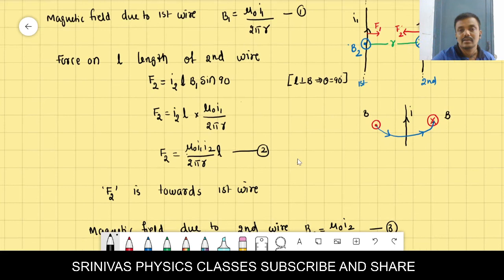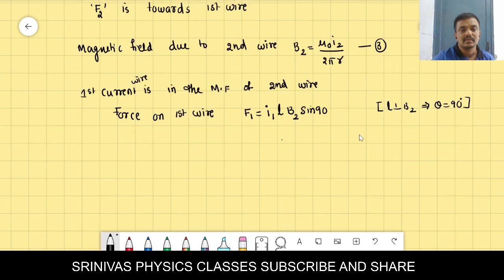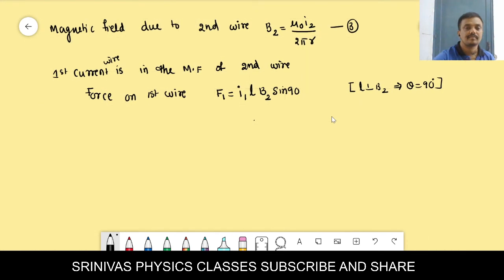Simple it is. Force on the first wire is the current into field into length into sin theta. I1 L B2 sin theta. Right? Now we substitute the B2 formula here.